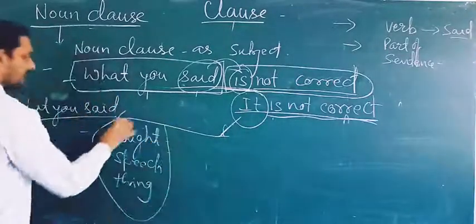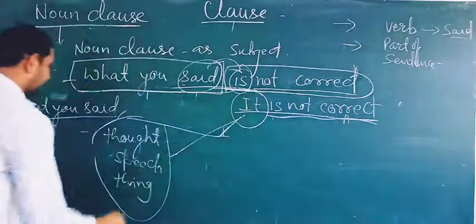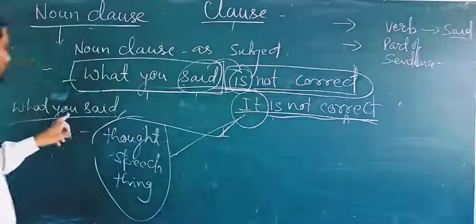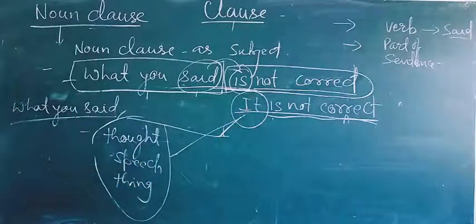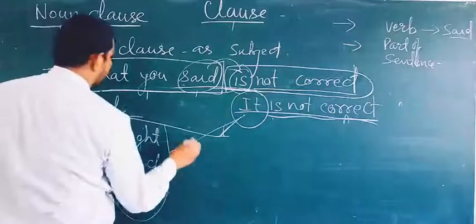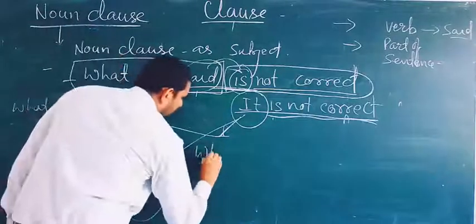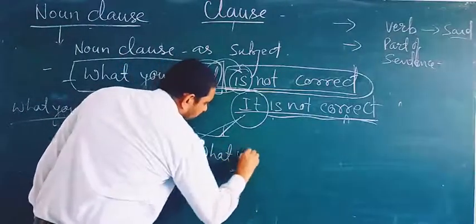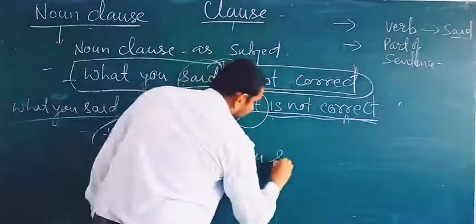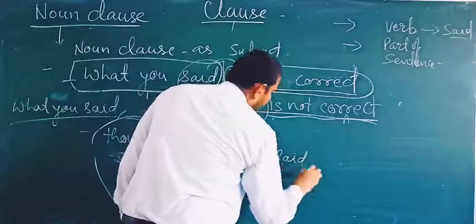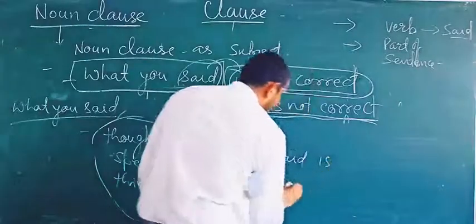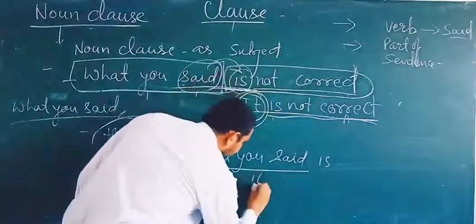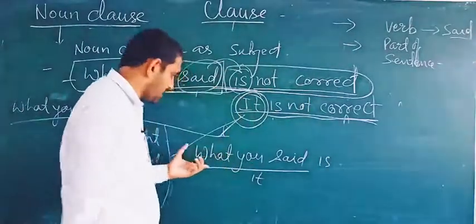So the word "it" refers to all these things, and these words, what you said, are involved in this. So we can add this sentence like this: what you said, no need to write it again, is, because it is also involved in these words.